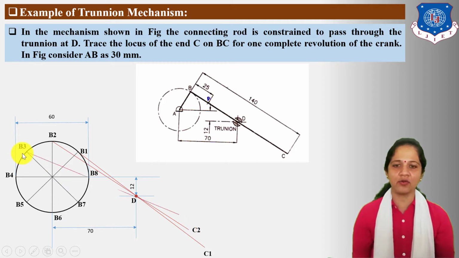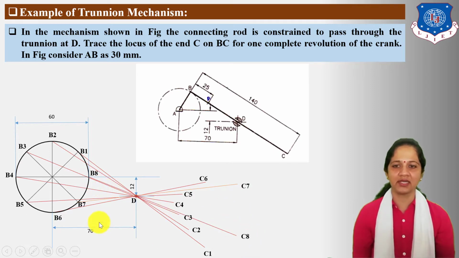Similarly, find out C3, C4, C5, C6, C7 and C8 point. Here, at each and every position of crank, rod BC always passes through fixed Trunnion point D.